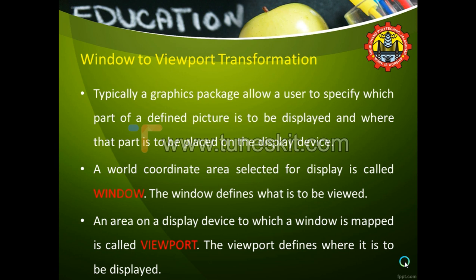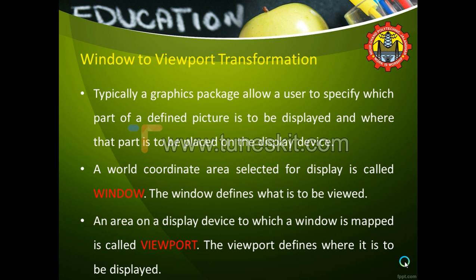Class, basically every graphics package allows a user to specify which part of a defined picture is to be displayed and where that part is to be placed on the display device.